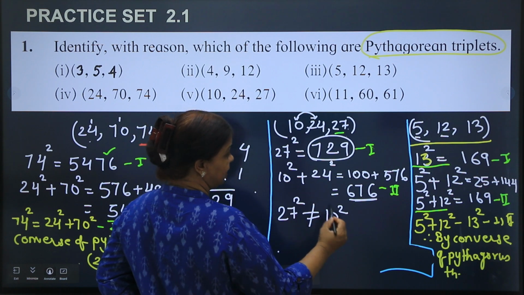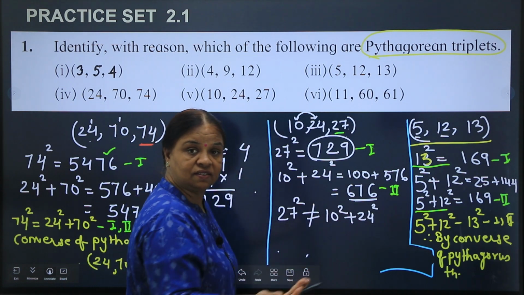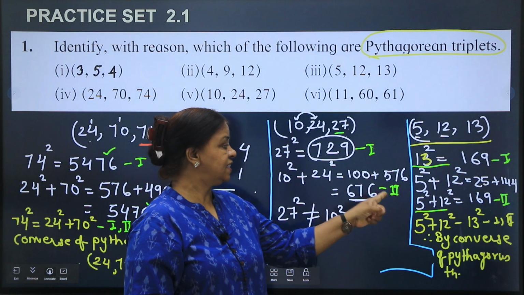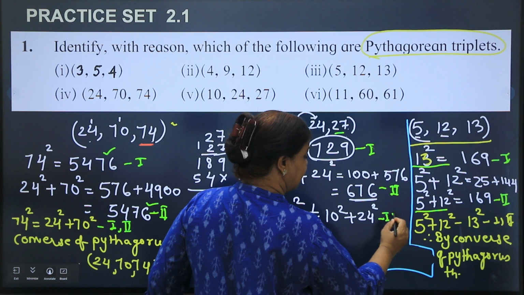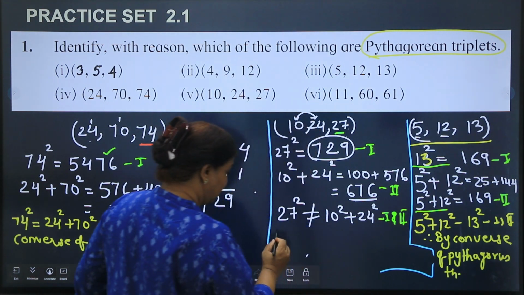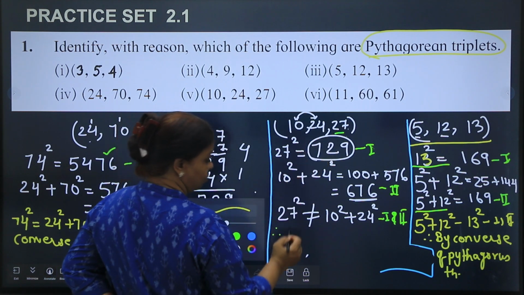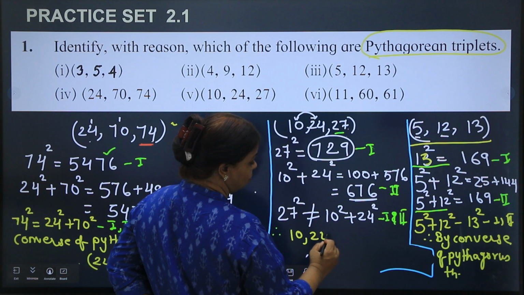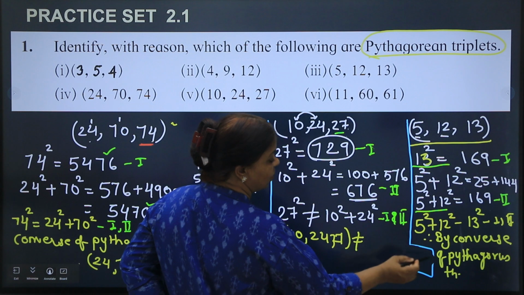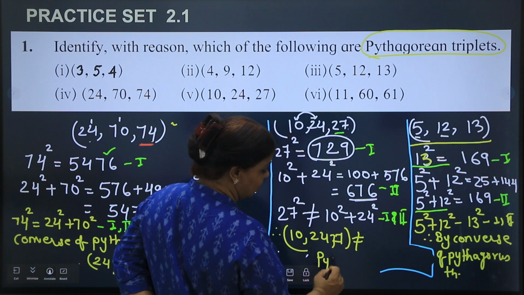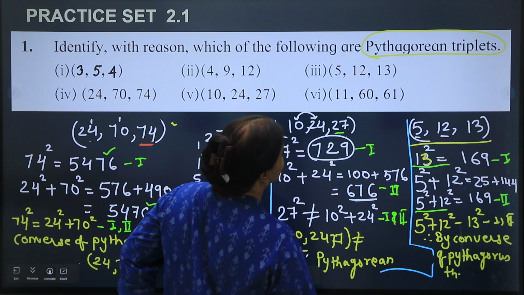We know this from the first and second statements, and therefore 10, 24 and 27 is not a Pythagorean triplet. Let's go to the next question.